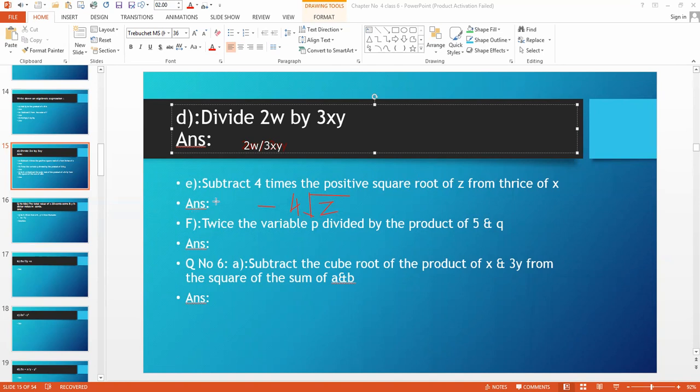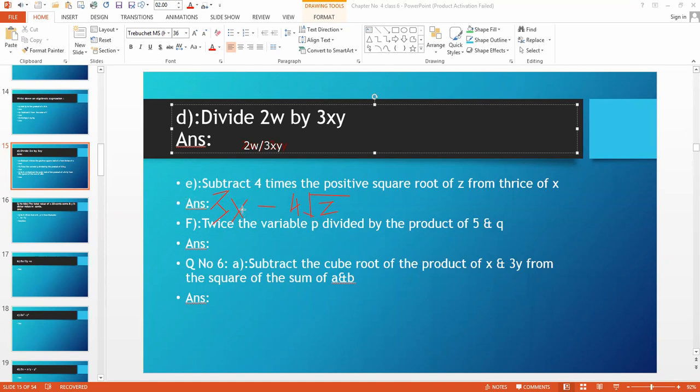Thrice of x means 3 times x. Is it clear? Subtract 4 times the positive square root of z from 3 times x.